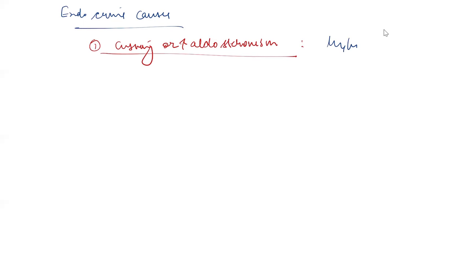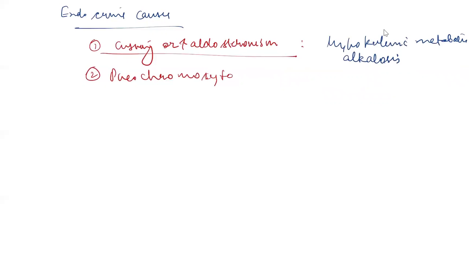Then we can have pheochromocytoma, in which episodic hypertension is there, and the triad is episodic hypertension, headache, and palpitation.